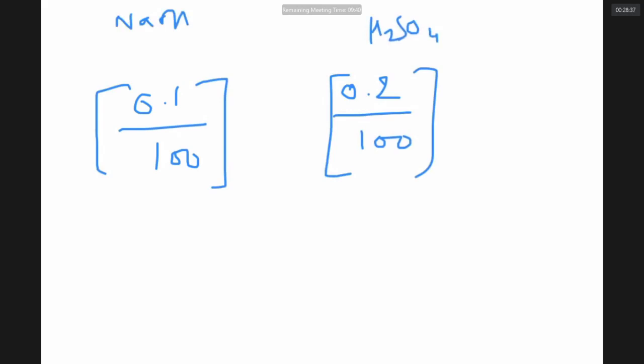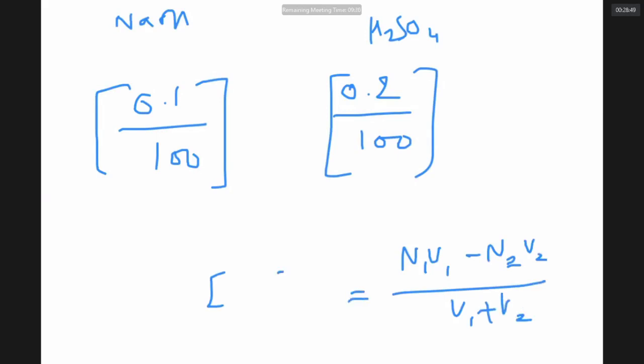Whenever I mix this solution, I apply the formula (N1V1 minus N2V2) divided by (V1 plus V2), which will give me the concentration. If the base is more, if NBVB is more and NAVA is less, this formula will give me the concentration of OH minus.